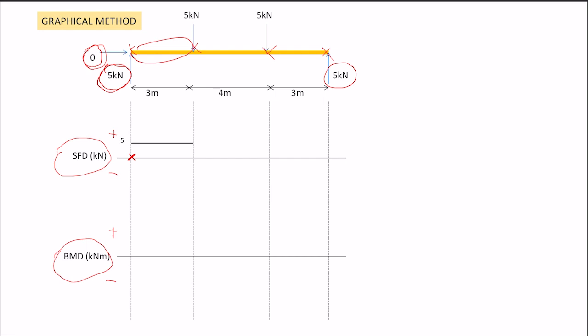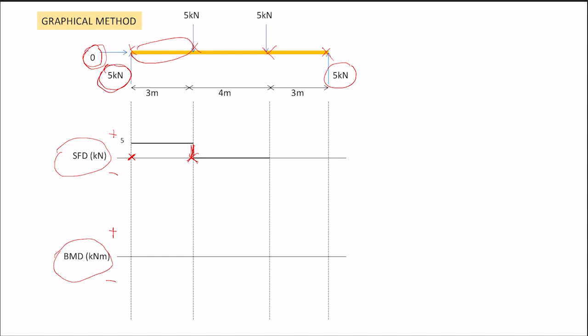At the second line here, there is a 5 kilonewton load going down. It's a downward load, meaning you have to minus 5 kilonewton, and it becomes zero again.